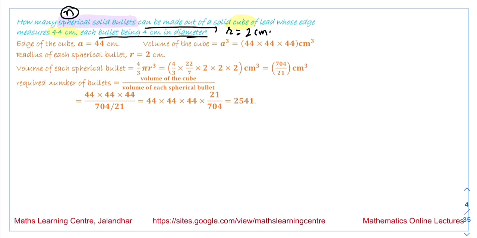So the volume of the n bullets and the volume of this solid cube of lead should be same. So the volume of the cube is 44 into 44 into 44, and that should be equal to the volume of the n bullets. Suppose there are n bullets, and the volume of these bullets will be 4 by 3 pi r cube, where r is 2.